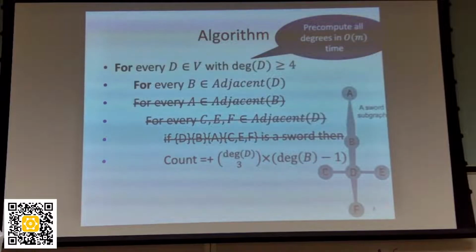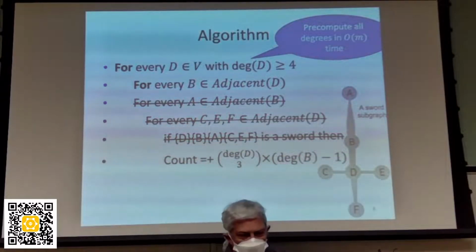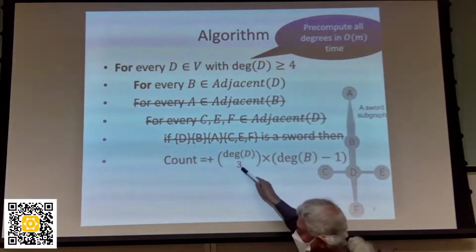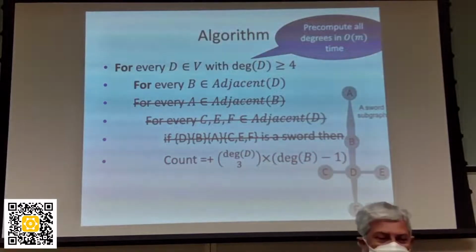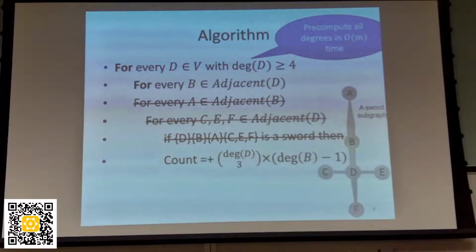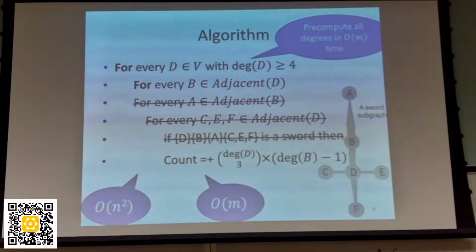So when I pick A, it's not just degree B minus 1, but if I pick that, then the number of choices here changes. It's a real mess, right? So I have to account for that slightly separately, but let me give you some ideas. I'm not going to give you all the details because I didn't work all that out and put it here, but it's possible.